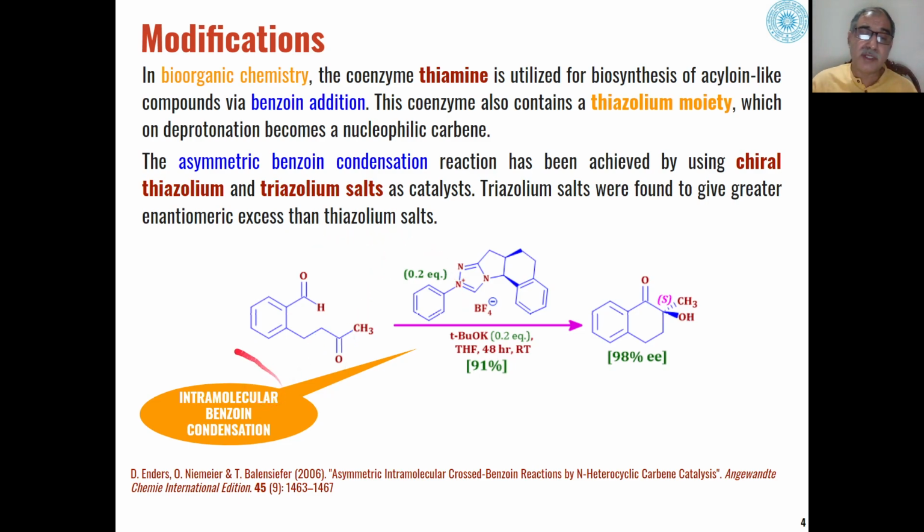So for example, in this type of intramolecular benzoin condensation, where here we are having an aryl aldehyde group, and here we are having an aliphatic ketone group.